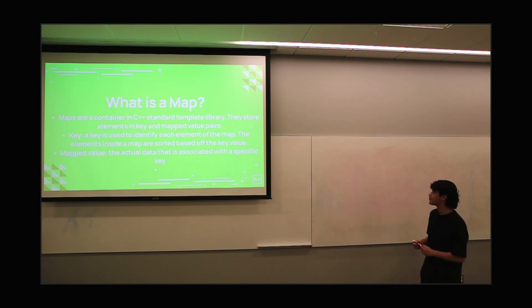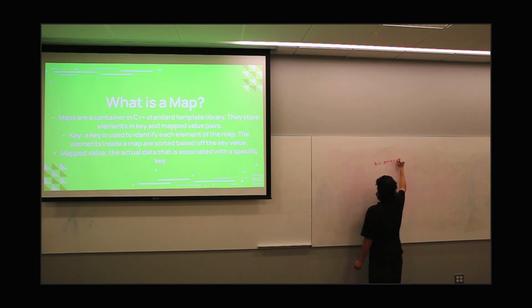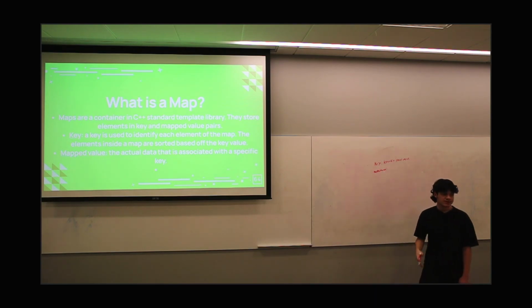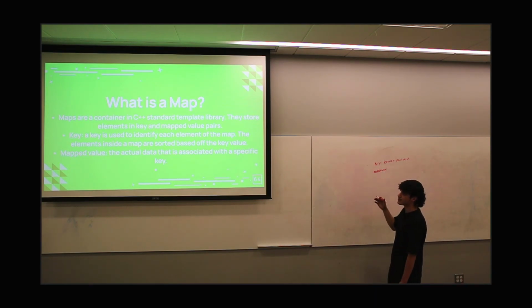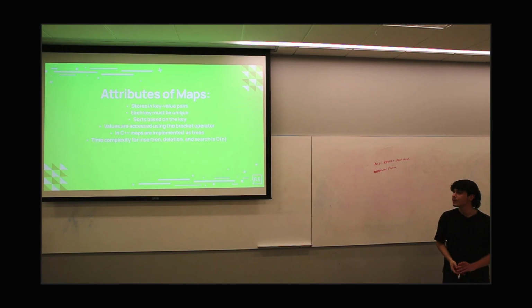A key is just used to identify your value, and your map value is simply your data. The data that you want to store. So it's the actual data. Right. So we can move on.